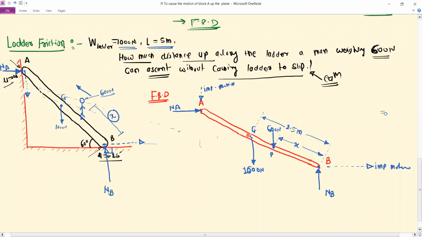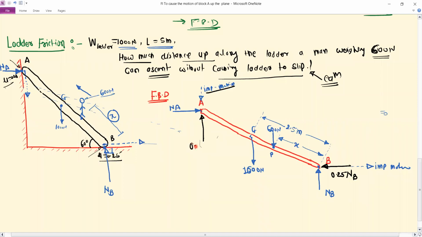Now show the friction force. The friction force at point B will be exactly opposite to the impending motion. This value is 0.25, the coefficient of friction, times the normal reaction NB. At A, the impending motion is in the downward direction, so the friction force would be exactly upward.